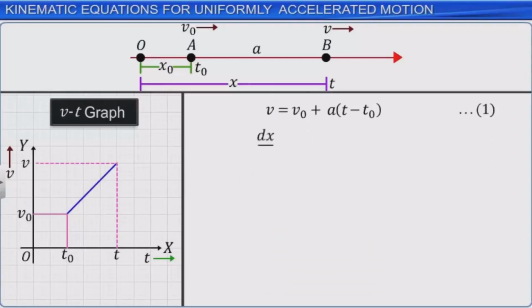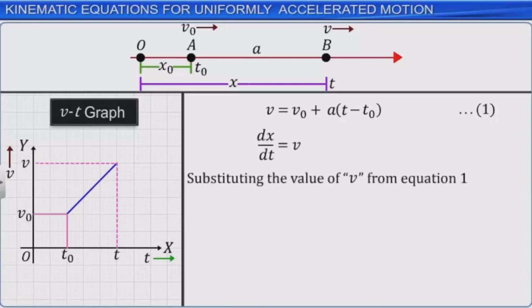We know that dx by dt is equal to v. Substituting this value in equation 1, we get dx by dt is equal to v0 plus a into t minus t naught. By cross multiplying, we get dx is equal to v naught plus a into t minus t naught multiplied by dt.